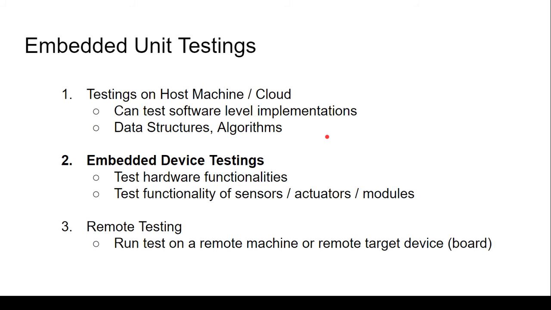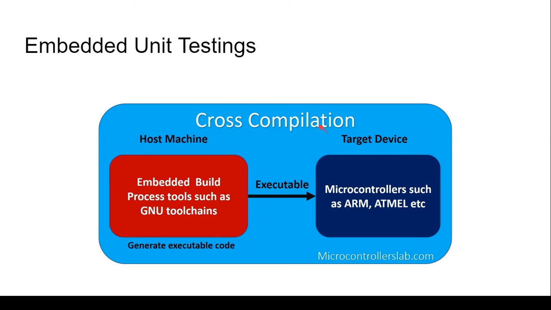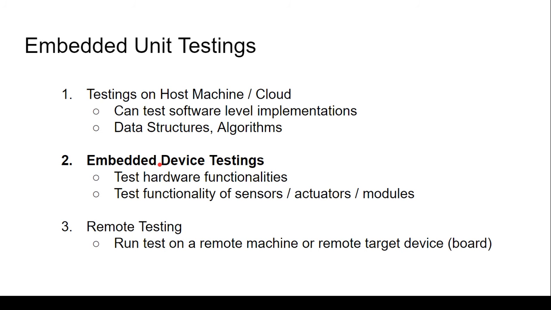So let's move into embedded unit testing. There are three types of possible unit testing available. I will describe them one by one. The first one is testing on the host machine or cloud. Here the host machine is this one. You are writing the program targeting this device, but you can run some tests on the host machine also.